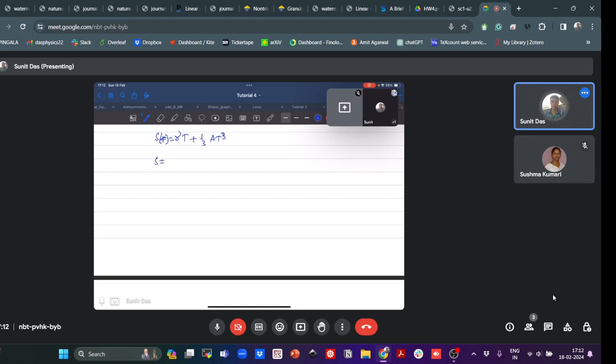Now S equal to minus del G del T at constant pressure and no magnetic field. That means G of T, again integration, minus S dT. So that means G of T will be minus half gamma T square plus 1/12 A T to the power 4, right?